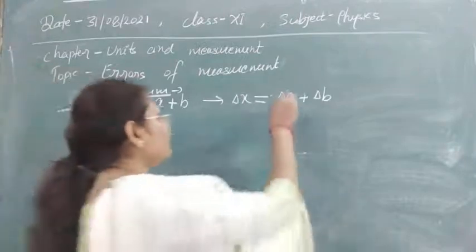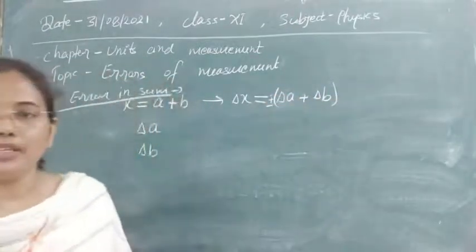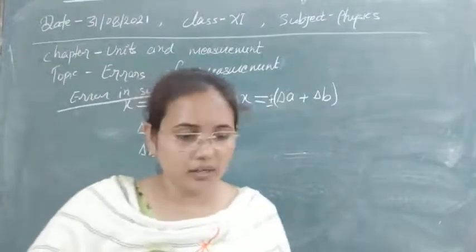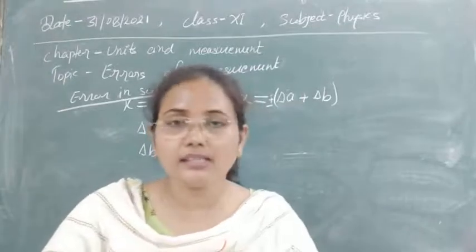This can be positive or negative depending on whether your value is greater or smaller. In this way you can calculate the absolute error in the sum.